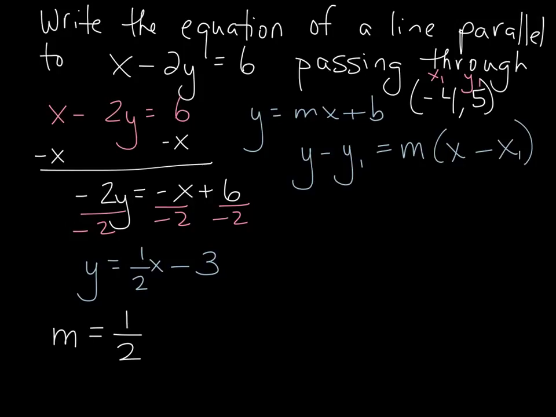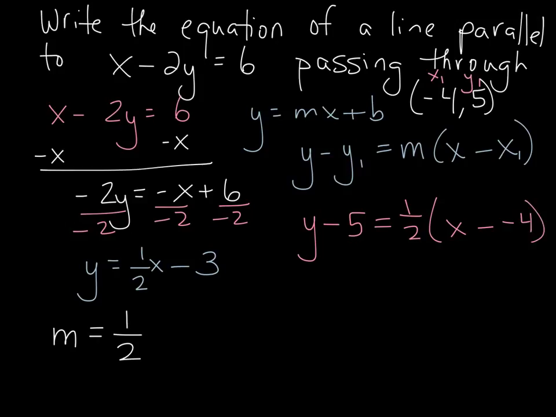So I'm just going to plug things in. So I get y minus my y1, remember, is coming right up here. So my y1 is 5, is equal to, remember, my slope is here because we're talking about parallel lines, 1/2, parentheses, x minus, now it's a little tricky. There's my x1, but look, there's a negative. So it's minus a -4.